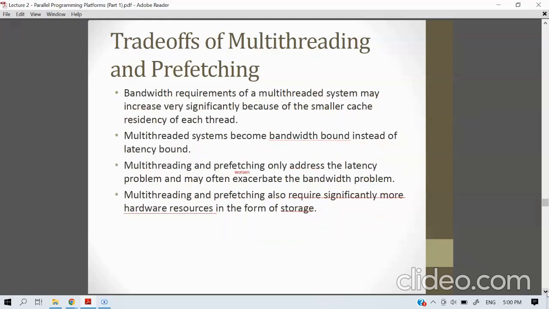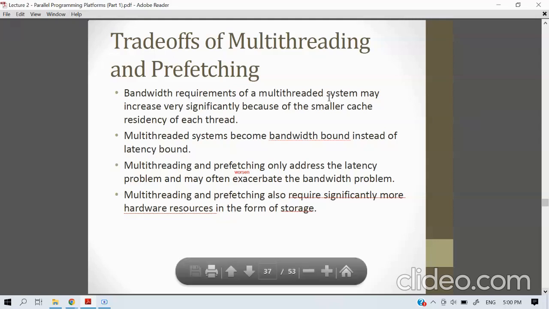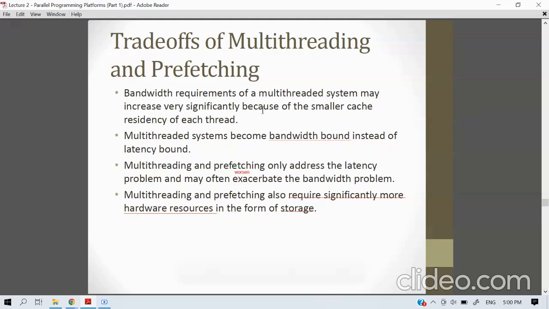All right. So the bandwidth requirements of a multi-threaded system may increase very significantly because of the smaller cache residency of a thread, because we implement many processors or concurrent processing at the same time. So it requires more cache, even though the cache has a smaller size.